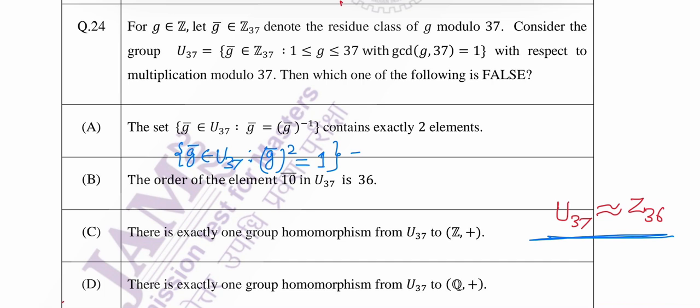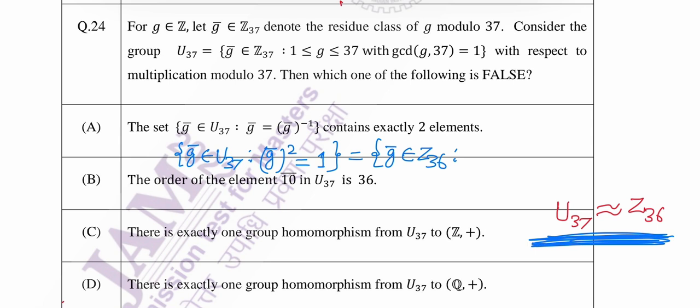Equivalently, since U37 is isomorphic to Z36, the same can be written as g bar a member of Z36.